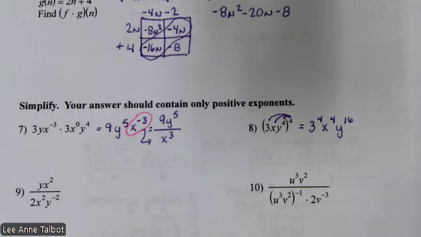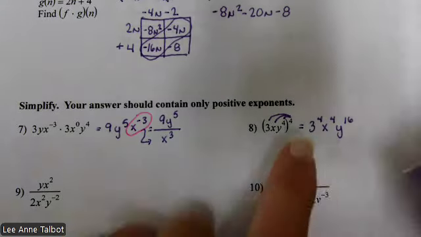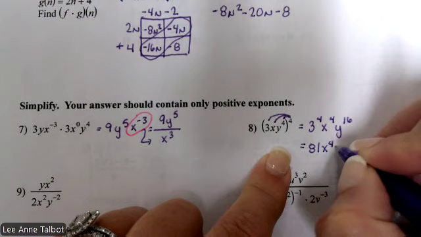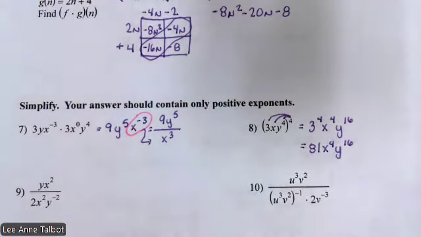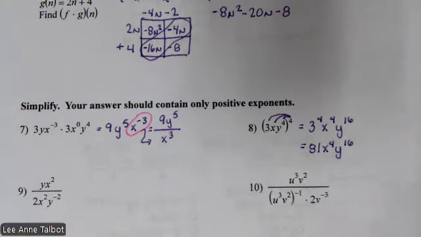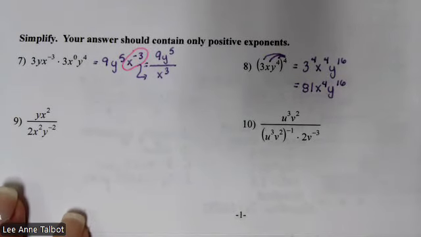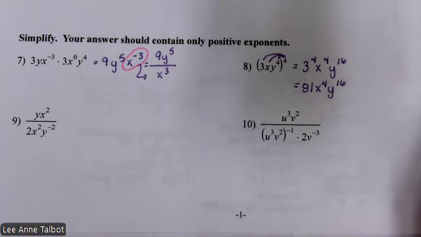Do you guys see where the 3 to the 4th and the x to the 4th came from? Okay, and then I'm just going to make this 81, x to the 4th, y to the 16th. Okay.